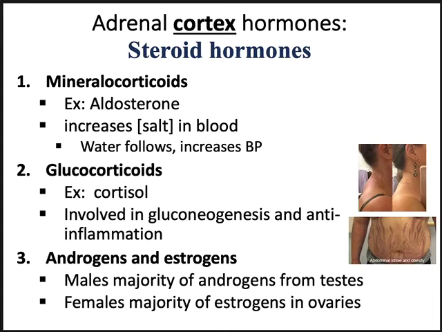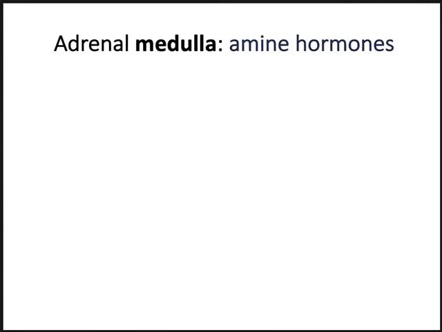And this makes sense as well because we know that both men and women have testosterone and estrogen, right? If you didn't know that the adrenal cortex also produces these hormones, then you would wonder how do we make testosterone, or how do men make estrogen, right? So now you know.